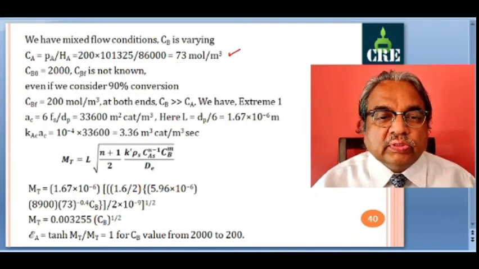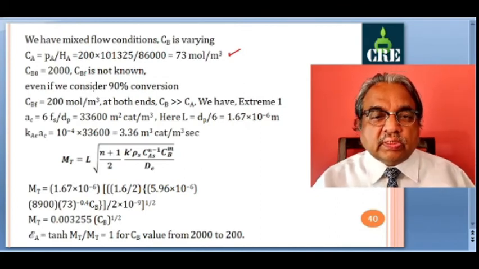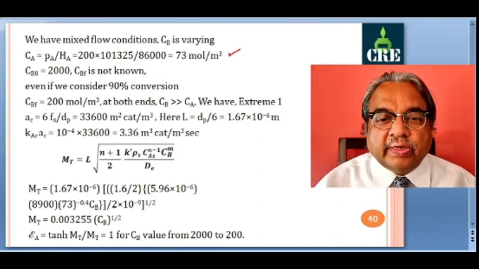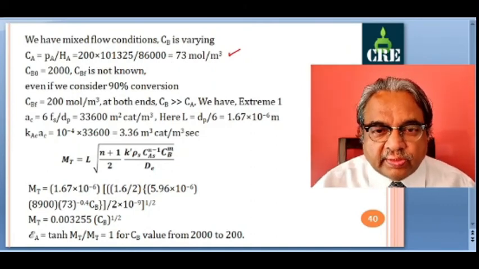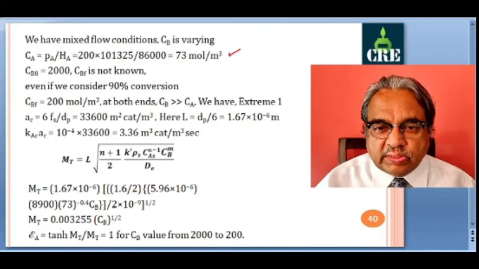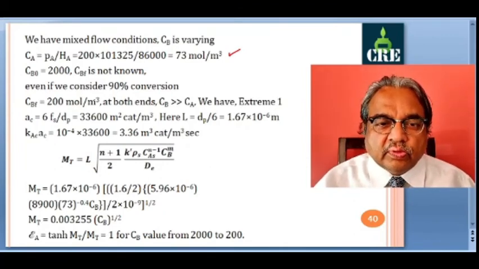Cb0 is 2000, Cb is not known. So as usual, we consider 90% conversion. So it is still 200 and it is greater than 73. Though here it is not much greater than Ca, but still it is greater and we consider this extreme.